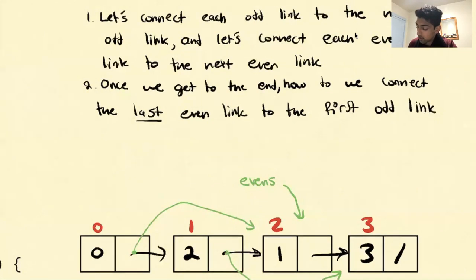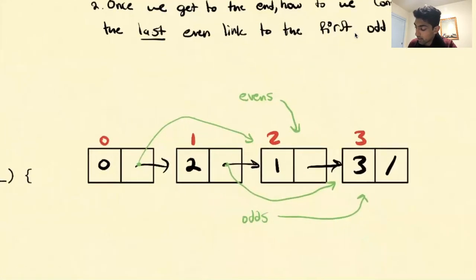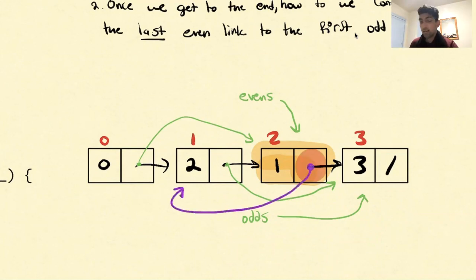What that is saying is that when we are at the last even link, which in this case is this one right here, how can we connect that to the first odd link, right? What we're trying to do is connect this guy here.